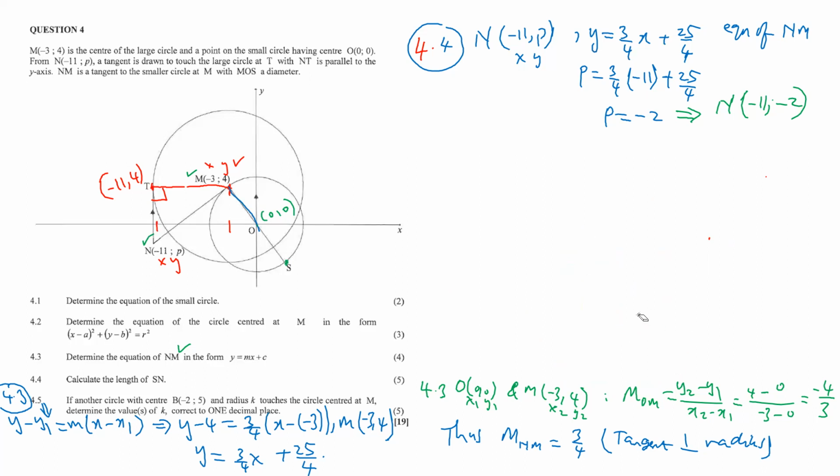Finishing 4.4 solution. Okay. Now here, the coordinates.